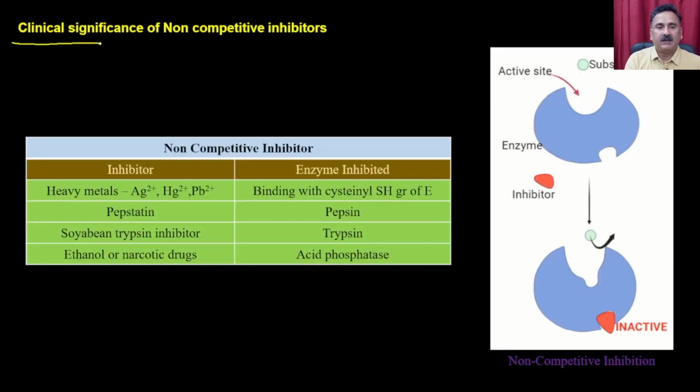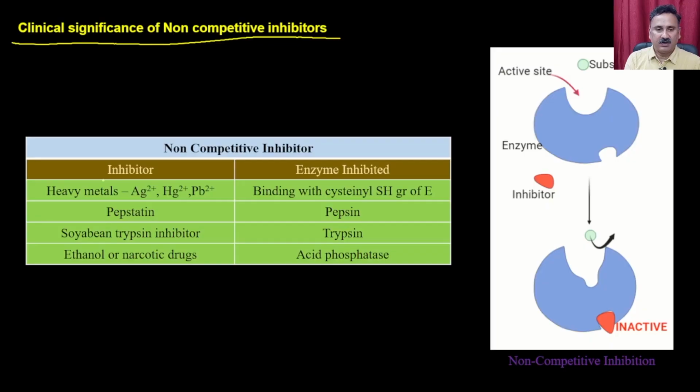So the clinical significance of non-competitive inhibition. Non-competitive inhibitors are more potent and more problematic than the competitive inhibitors. There are so many inhibitors that you can use. You can have the inhibitors for heavy metal toxicity.